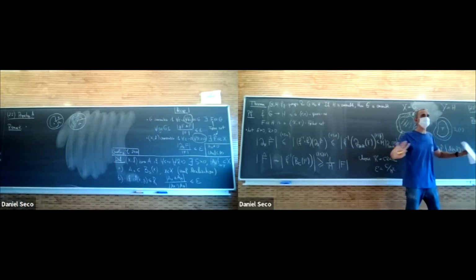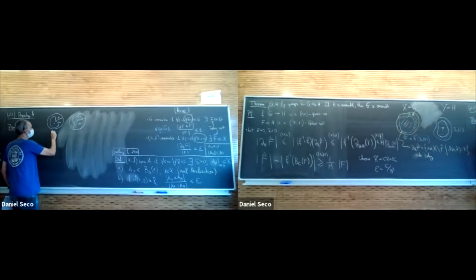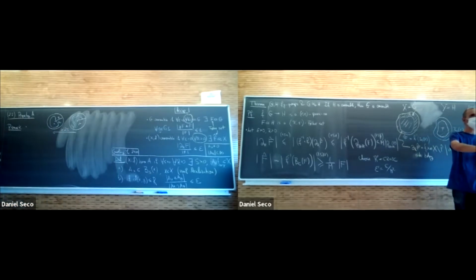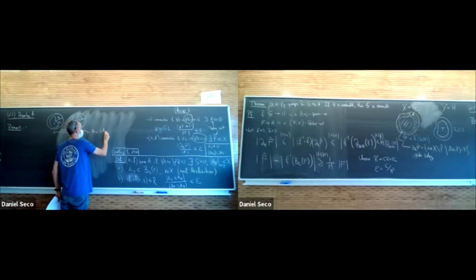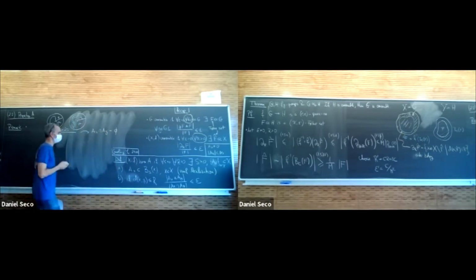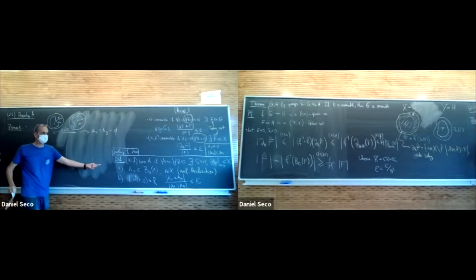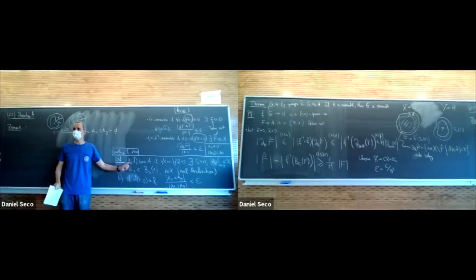And if the distance between x and y is bigger than 2S, the two balls do not touch, then the sets are disjoint. Then the intersection of A_x and A_y is the empty set. This is what the localization is telling you: if the points are far away, then A_x and A_y will be disjoint.